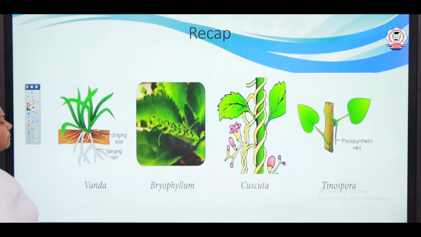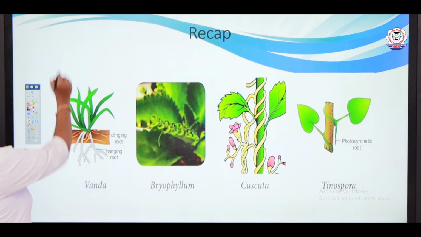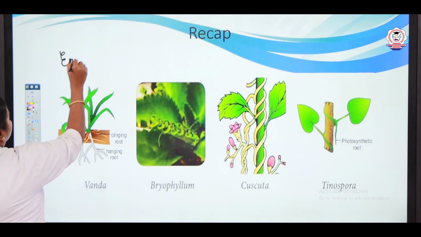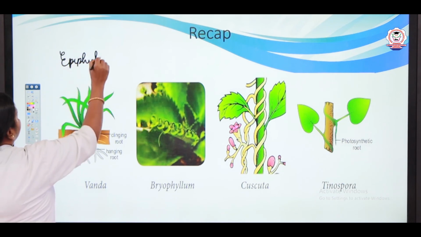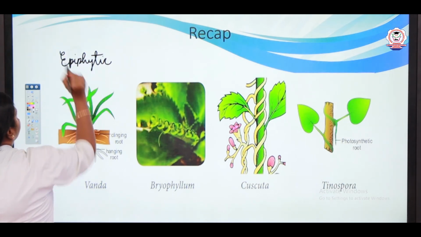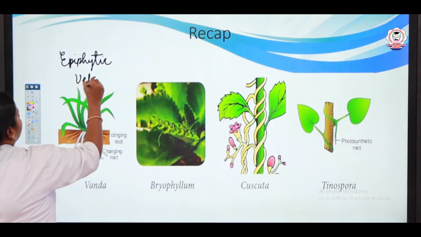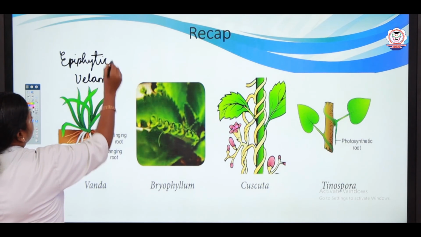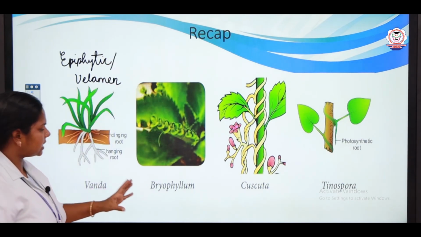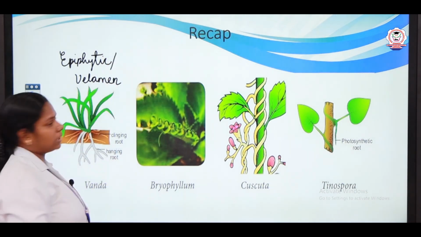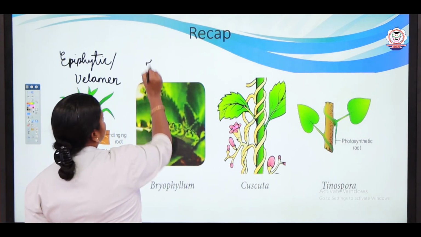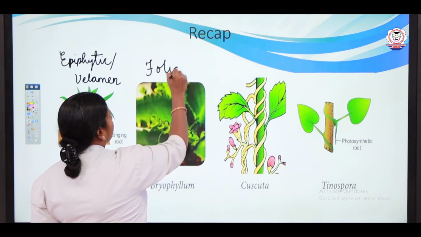So let us recap. First we discussed Vanda. In Vanda what type of roots can we see, children? Epiphytic or velamen roots. Next we discussed Bryophyllum, right? Bryophyllum is an example for foliar root.